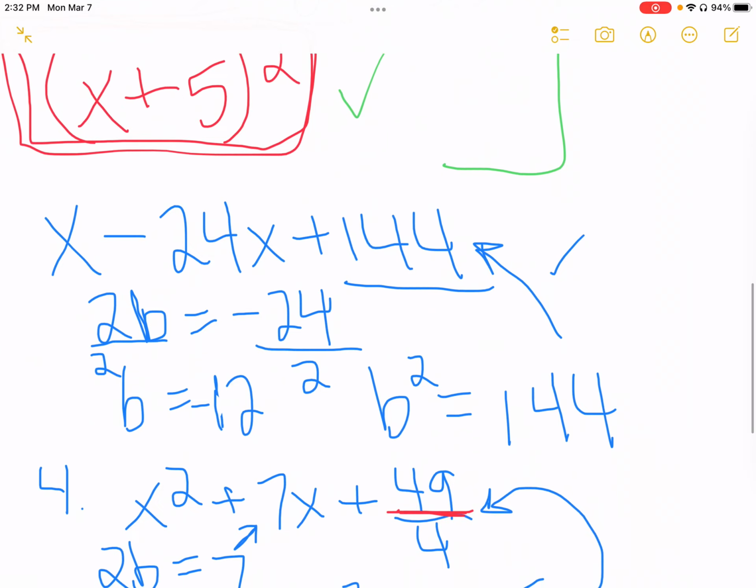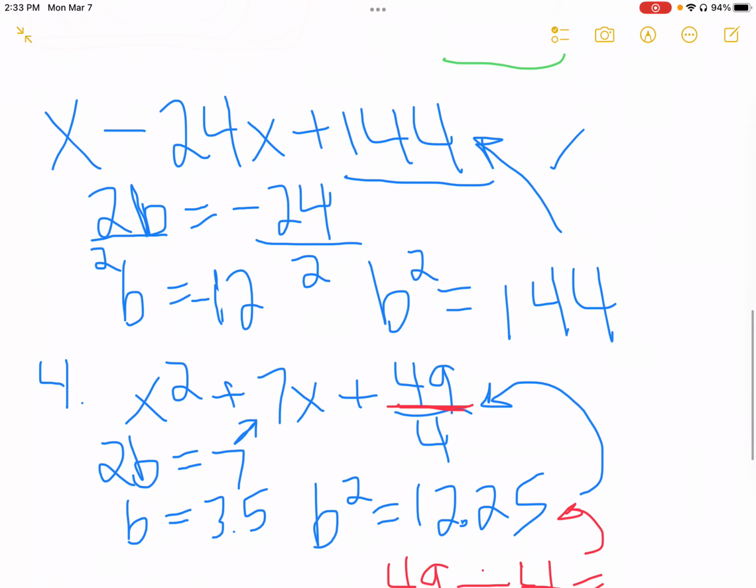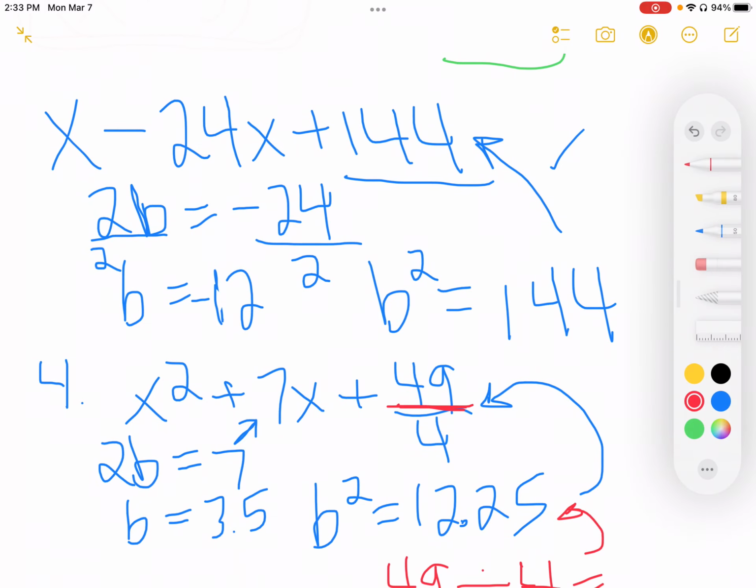Okay, and then for this second example, same thing. Our 2b, we have to include whatever sign we have here. 2b is negative 24, and so then b must be minus 12. So then we can just write, oh, we didn't finish that part, did we? Let's review that. What are you going to write here?